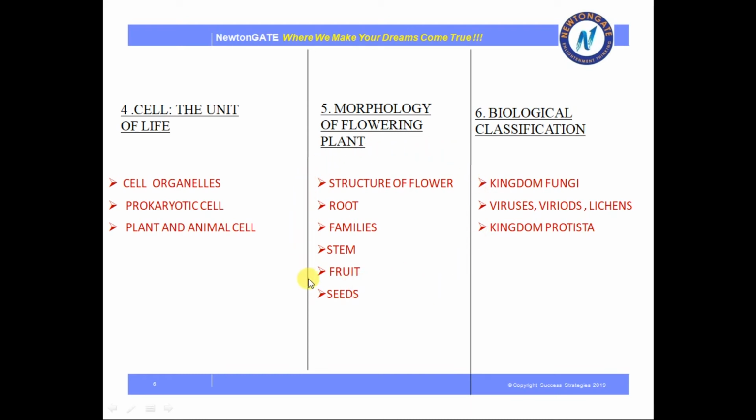These topics need to be studied. Biological classification: kingdom fungi, viruses, viroids, lichens, and kingdom protista. There are other kingdoms as well, but these need to be studied mandatorily because questions have been asked in previous years from this portion, students.